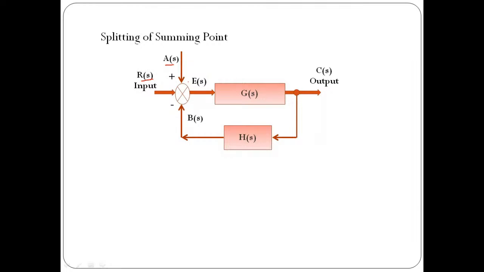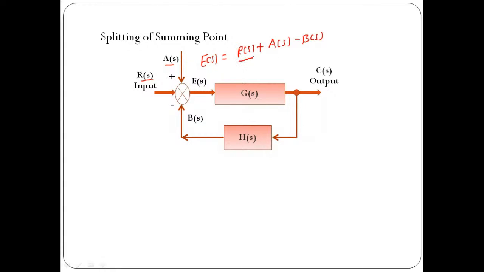It will remain the same as before applying that particular rule. So first of all, let us identify what the output of this summing point will be without applying any rule. Here the output of the summing point is the error signal, and it is going to be input plus auxiliary input minus feedback signal.